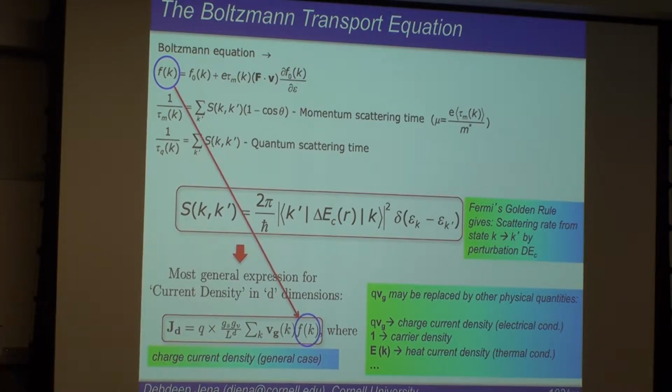So the ratio of the quantum and the momentum scattering rates will be very close to 1. And these two terms are experimentally accessible. When we talk about things like quantum Hall, I think next week, we will show how these are directly measurable experimentally, both the times and the ratio.